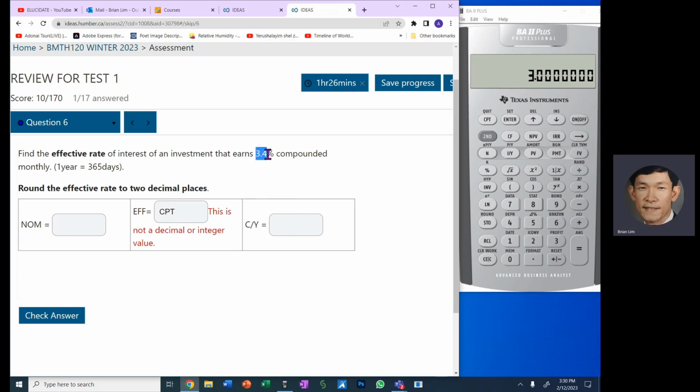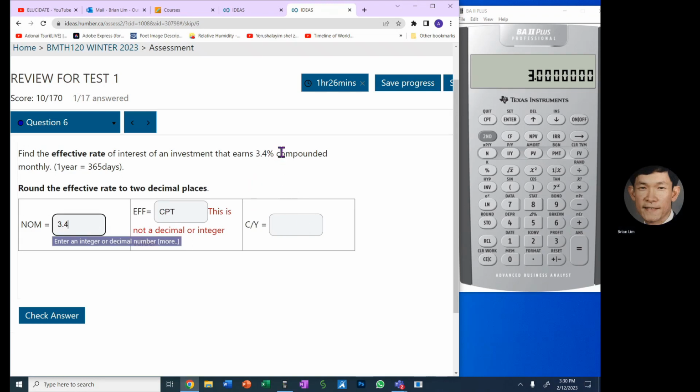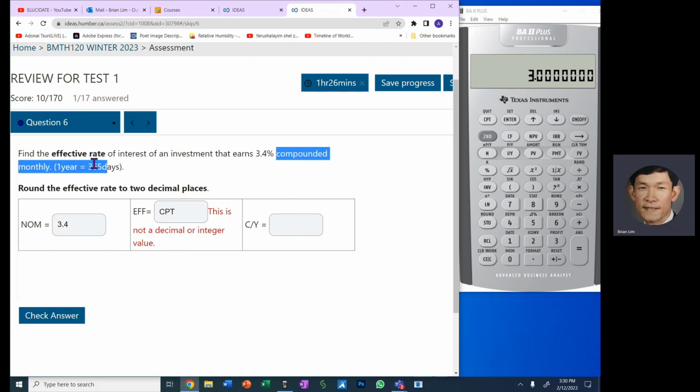We copy and paste it in there. It is compounded monthly, so that means that CY is 12.